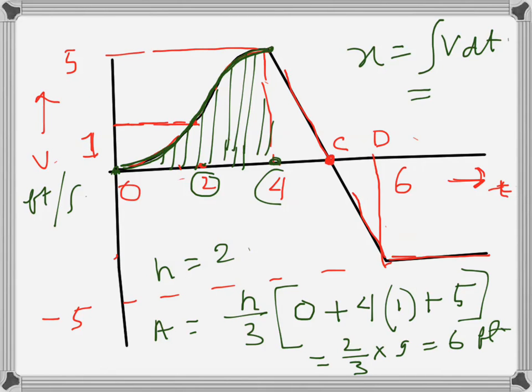Now from 4 to 5, this is a very obvious triangle, and we can find the area, because integration is the area under the curve, so we are just trying to find the areas here.